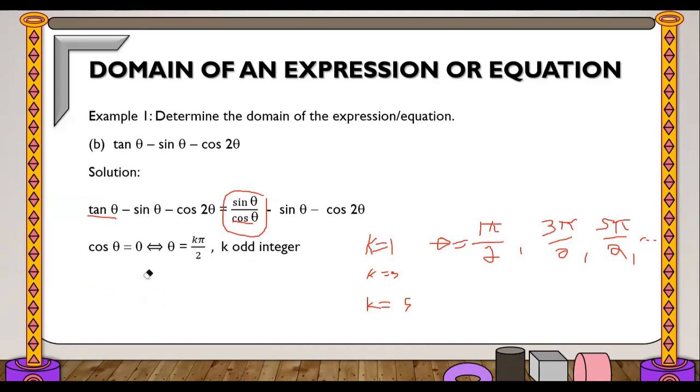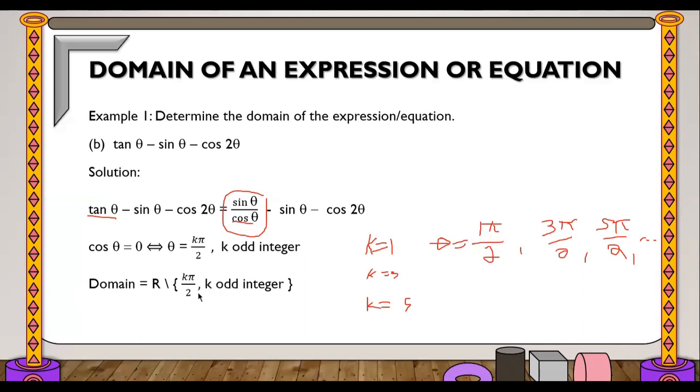So ngayon, ano ang magiging domain natin dito? Kasi ang hinihingi ay ang domain. So the domain is, where theta is an element of the real numbers such that the value of theta must not be equal to k pi over 2 where k is an odd integer.